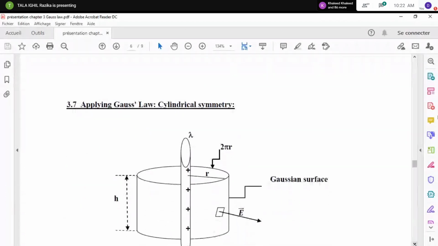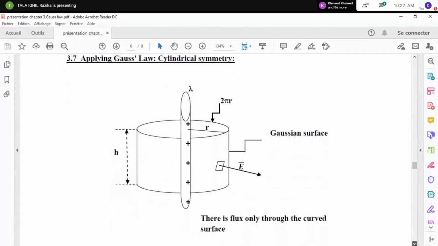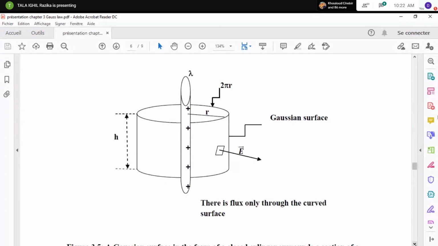Now, let us apply Gauss law if you have a cylindrical symmetry. Generally, we follow the symmetry of the problem. It means if you have a cylinder, you will take a cylinder as Gaussian surface. If you have a sphere, you will take a sphere as Gaussian surface. It depends on the symmetry of the problem.